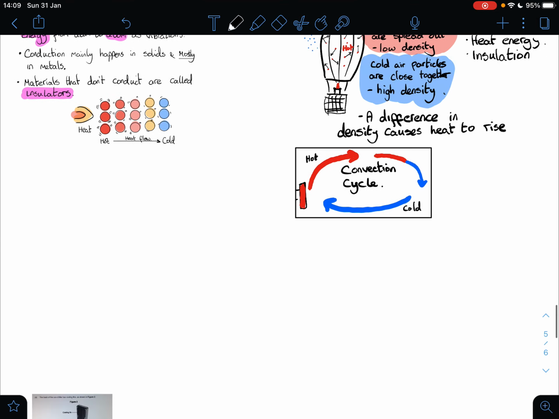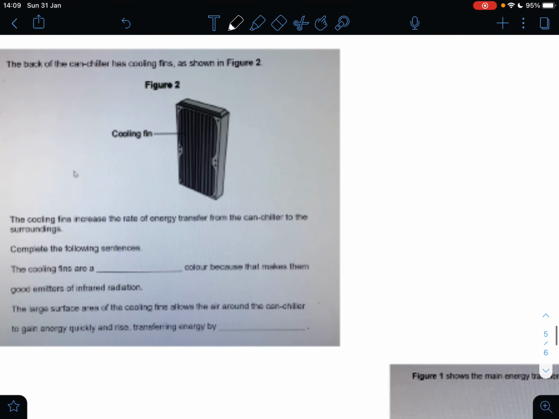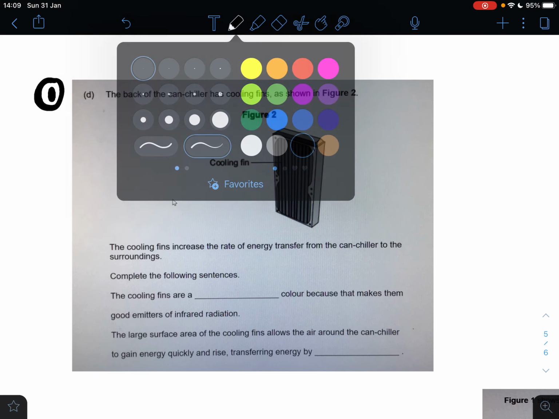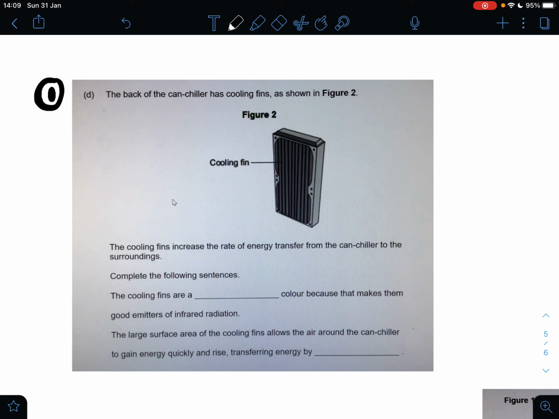Now let's have a look at some questions about it. So let's look at question 1. It's got some old names on it. The back of the can chiller, so this is the back of a fridge basically, has cooling fins as shown in figure 2. The cooling fins increase the rate of energy transfer from the can chiller to the surroundings.